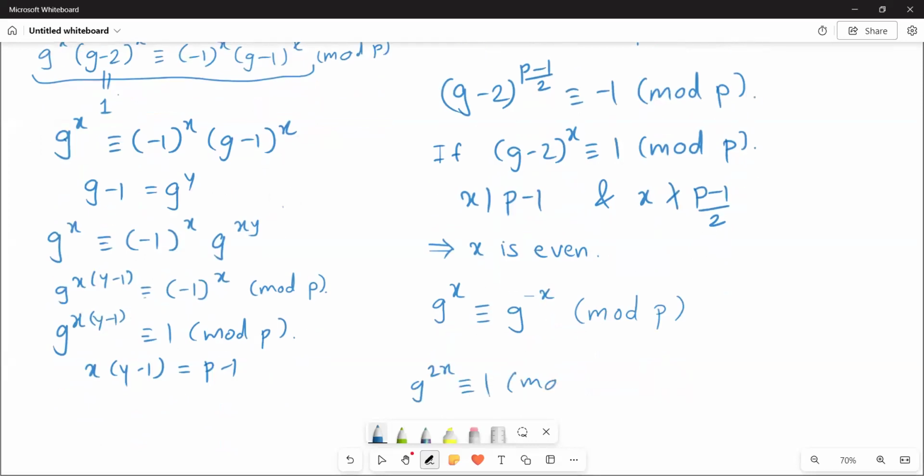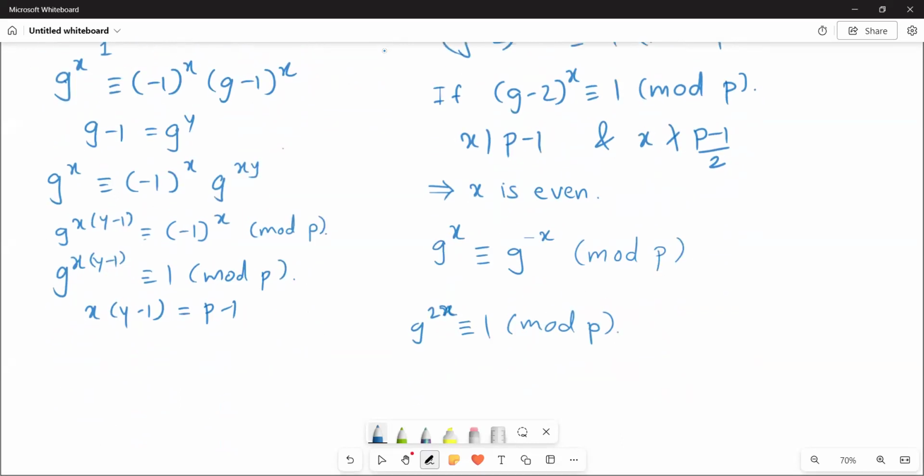So 2x can't be p minus 1 as it is divisible by 4. Yes. So p minus 1 divides 2x. Okay.